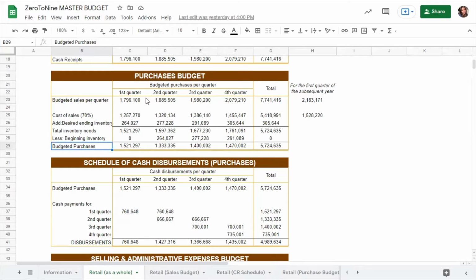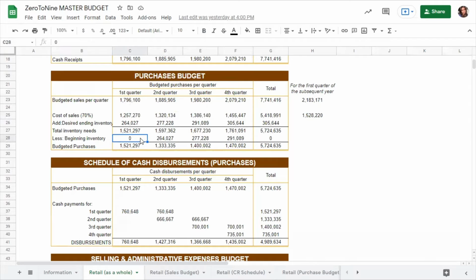For the first quarter, our budgeted sales is 1,796,100. Thus, our cost of sales is 70% of that. We add the desired ending inventory, which is 20% of our next quarter's cost of sales, to get our total inventory needs of 1,521,297. For the first quarter, we do not have a beginning inventory.